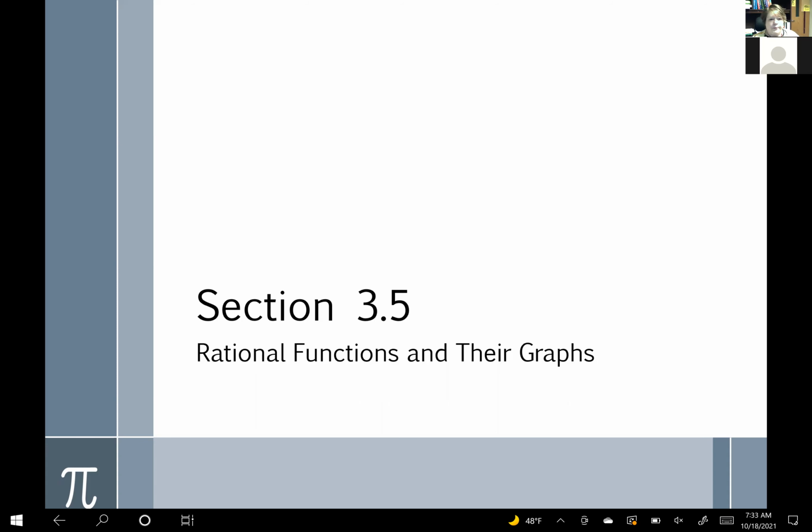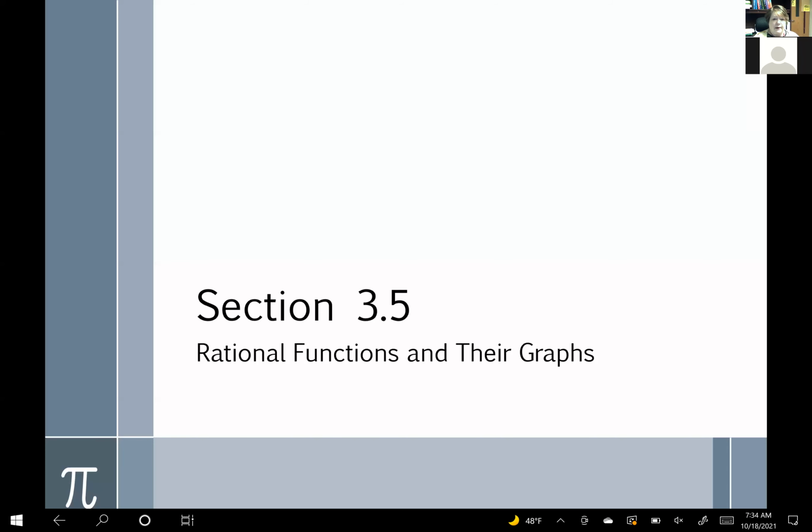All right, so we've been talking so far in chapter 3 about finding zeros of polynomial functions. And this morning, we're going to segue into some differing topics. We're going to talk about rational functions in section 3.5.